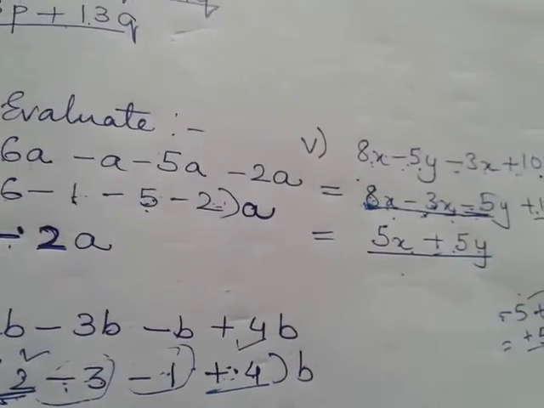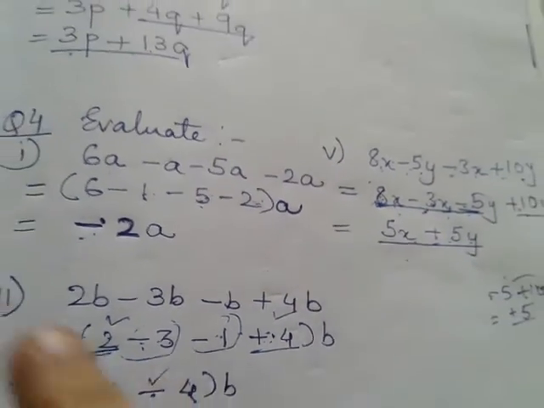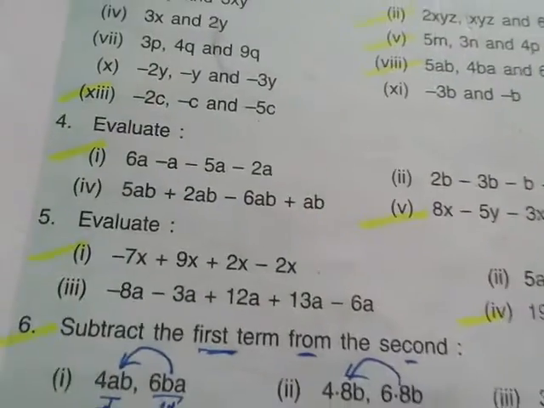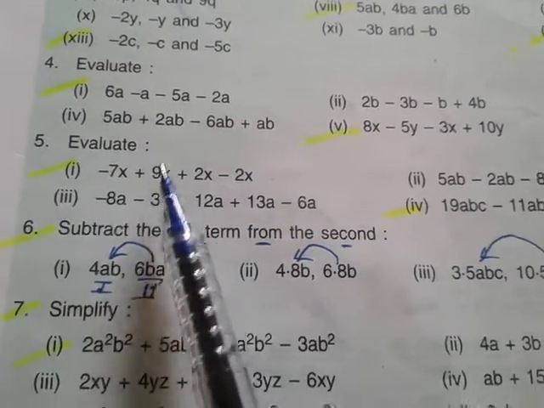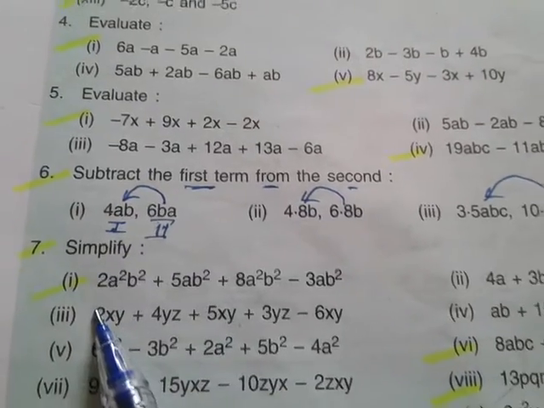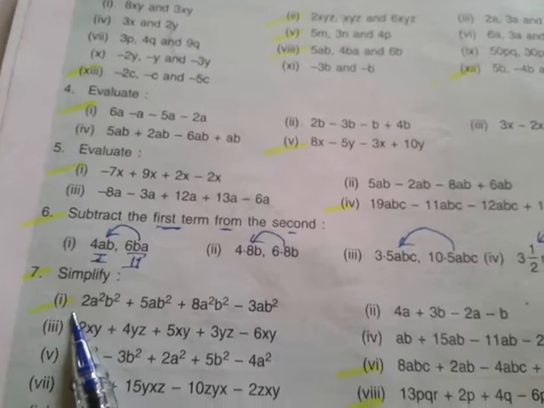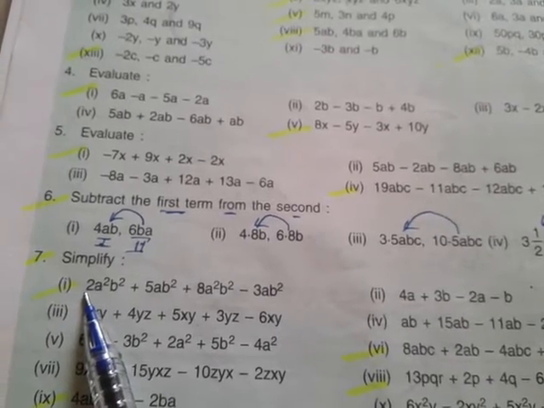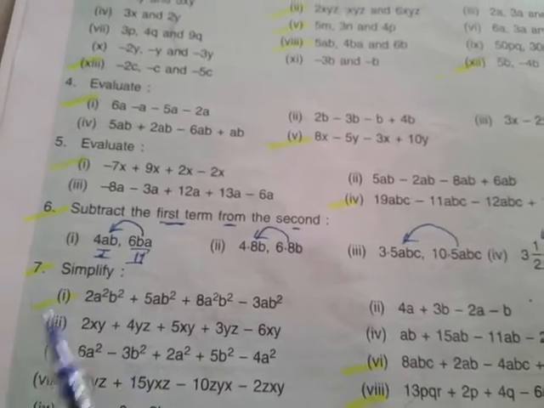So for today, this much is okay, because in all the exercises, if you see here, children, like the evaluate questions we have done, all this 5th, 6th, 7th concept is the same. Add all the positives, add all the negatives and subtract them, or segregate like terms, then do the calculation.